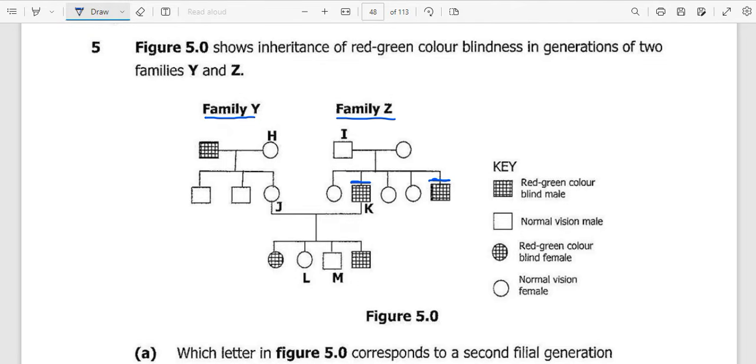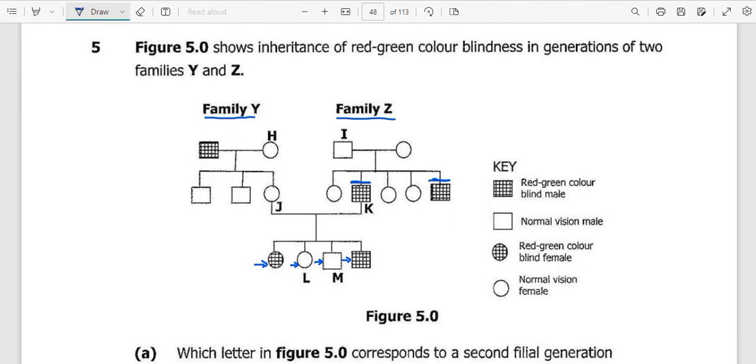Then a normal female from this family married a color blind man from family Z, and they produced these offspring. So here we have a female who is color blind, and a female who is normal, and also a male who is normal, and a male who is color blind.